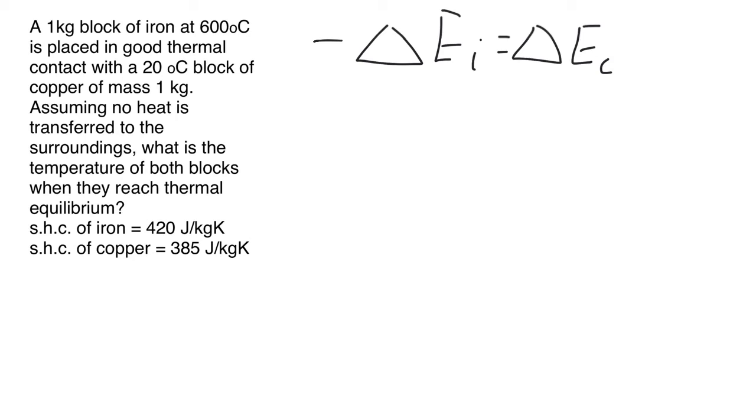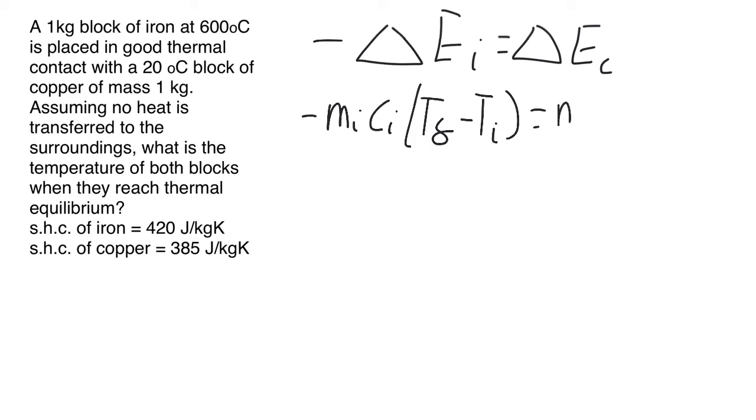Then we substitute in our specific heat capacity equations for both sides and we get minus Mi Ci times the final temperature minus the initial temperature of iron will equal the change in energy of the copper, which will be the mass of the copper, Mc, times the specific heat capacity of the copper, Cc, times the change in temperature of the copper, which will be its final temperature, the equilibrium temperature, minus its initial temperature, the temperature of the copper initially.